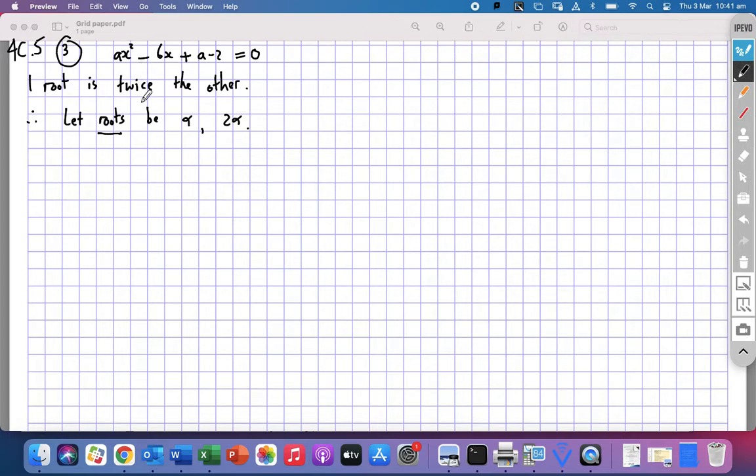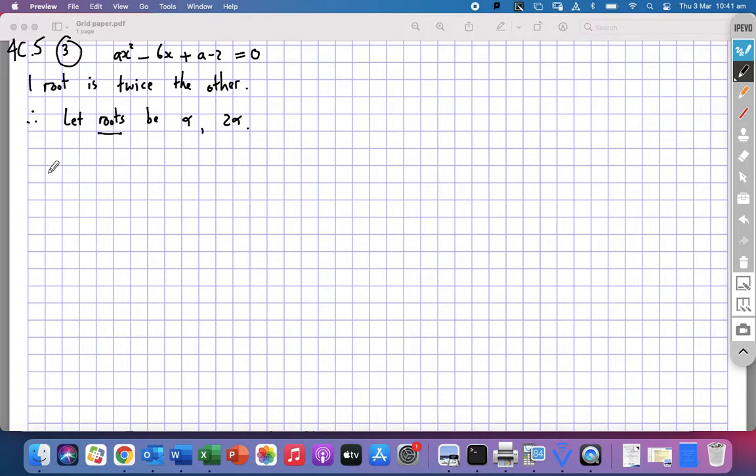Anyway, the procedure here is really to find what a is first, and then once we know a, we could just solve the quadratic, and we get the roots, right? That's the general idea that I'd like you to have, although with different questions, sometimes there are some shortcuts, so we'll just see where the question leads.